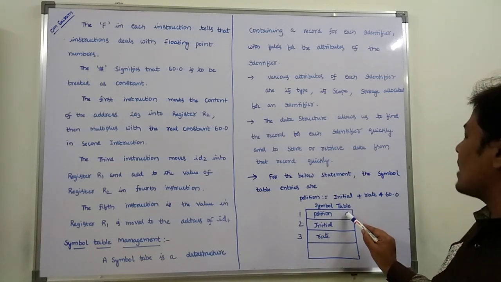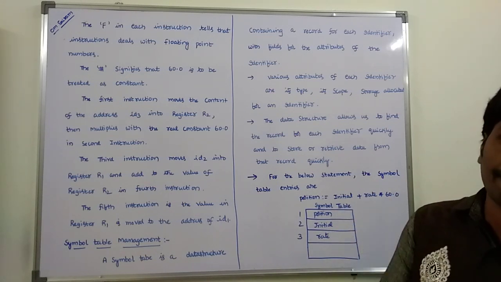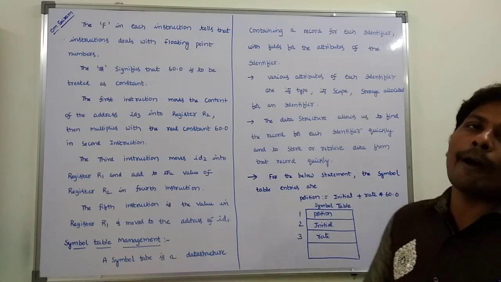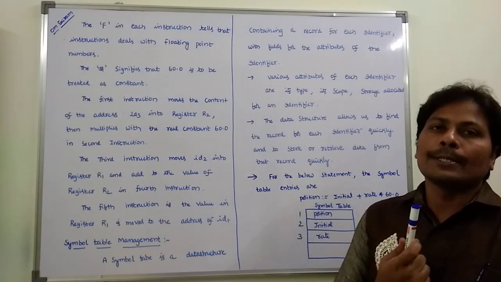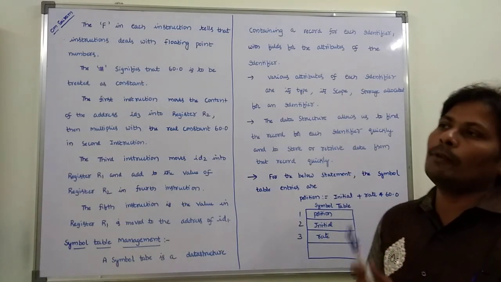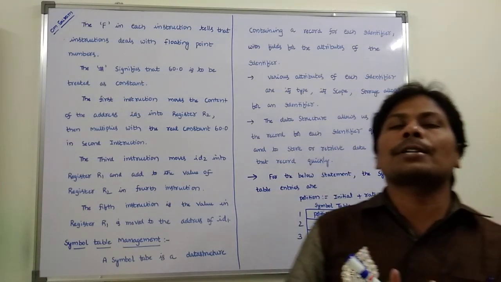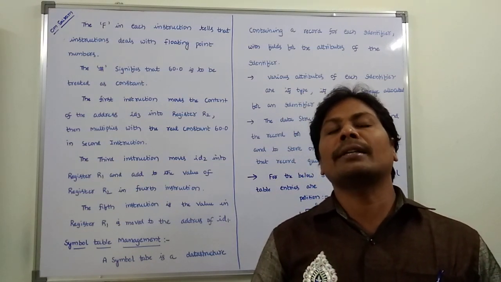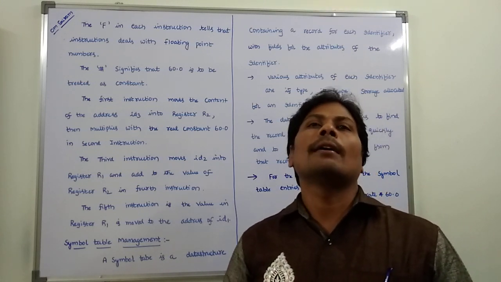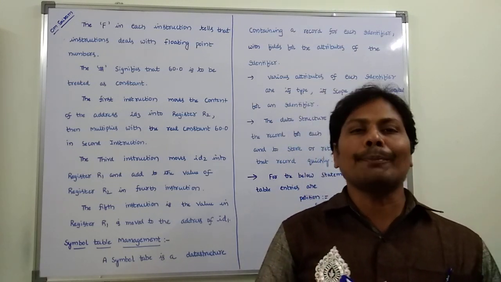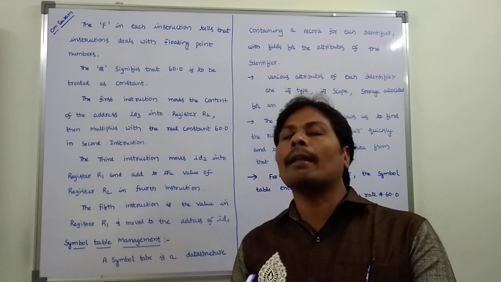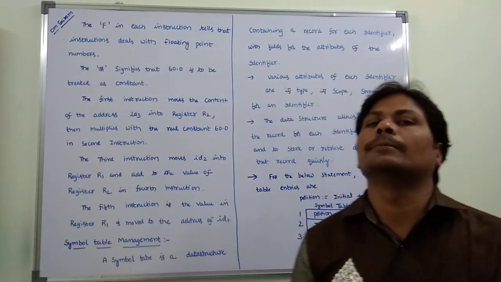Okay. So each and every identifier has some fields. In those fields, we have to store the attributes of the identifier: type, scope, storage allocated for the identifier. Next, an essential function of the symbol table management is to store the identifiers as records, and also the attributes of each and every identifier are stored in the symbol table.